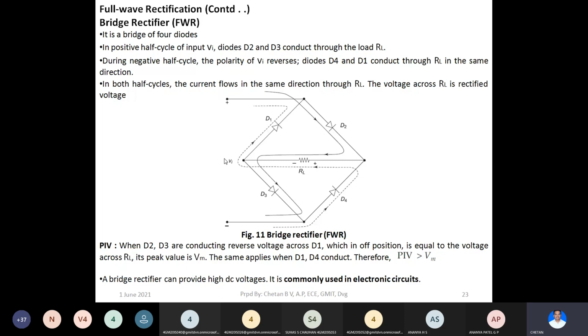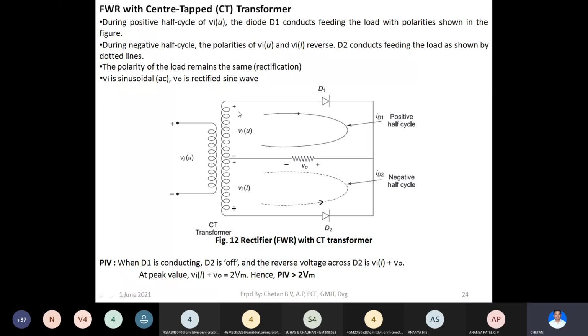In the case of the full wave rectifier with center type transformer, the advantage is you can get rectification using only two diodes. The two more diodes, D3 and D4, which are present in the bridge rectifier, are not necessary for the full wave rectifier. So that is the advantage of this.